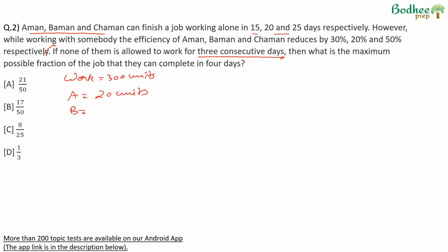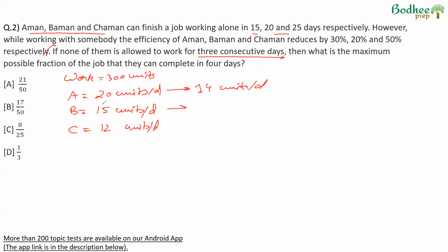Efficiency of B will be 300 upon 20, that is 15 units per day working alone. For C, it will be 300 upon 25, which will be 12 units per day. But when they're working with somebody, the efficiency reduces. 30% of 20 is 6. So the reduced efficiency will be 14 units per day.